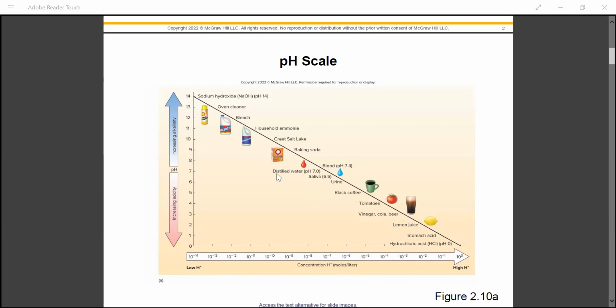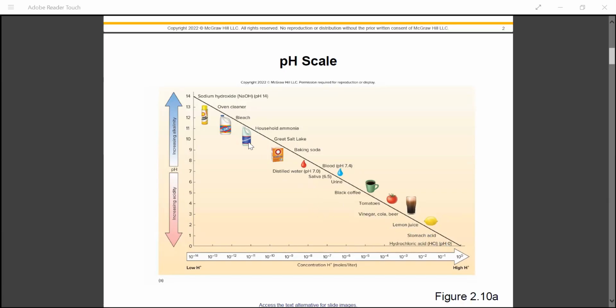So again, if we look at here, distilled water, we're at exactly 7.0. As we go down, you're going to continue to get more acidic. So the closer to 0 you get, the stronger the acid is. So like you see stomach acid and pH of 0 for our hydrochloric acid.